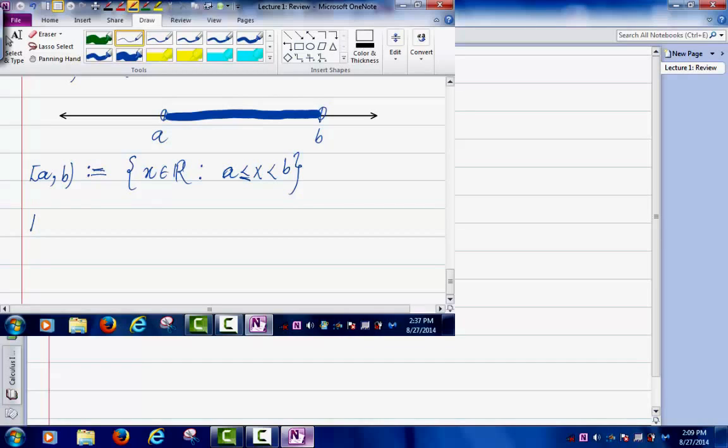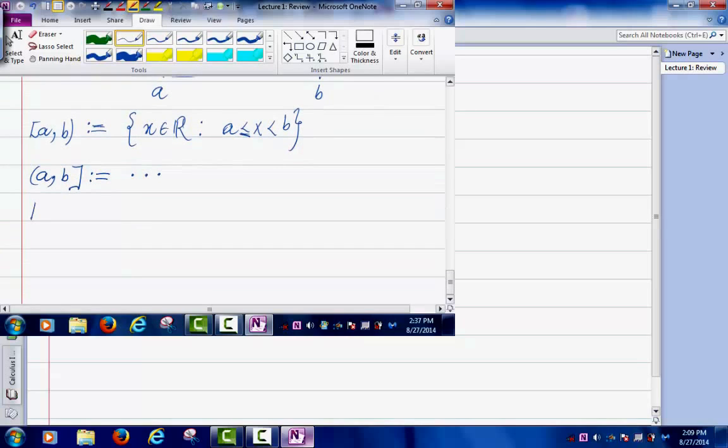The other one would be, you might have open at a, closed at b. So what do we change in the inequalities? We just switch them, right? Okay. So I won't write it down. You can fill that in.